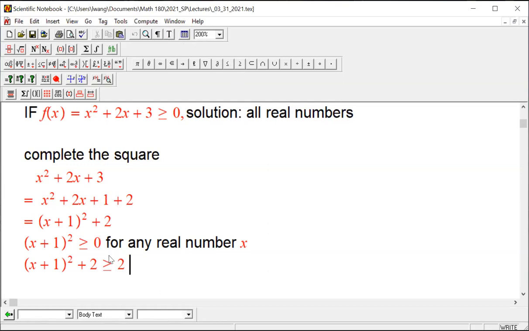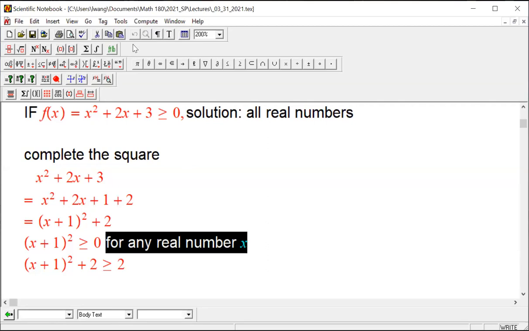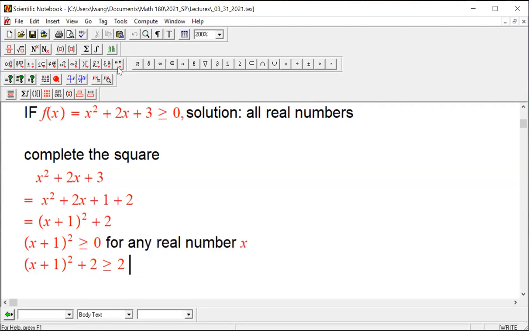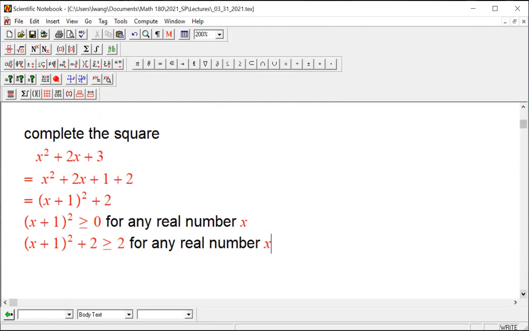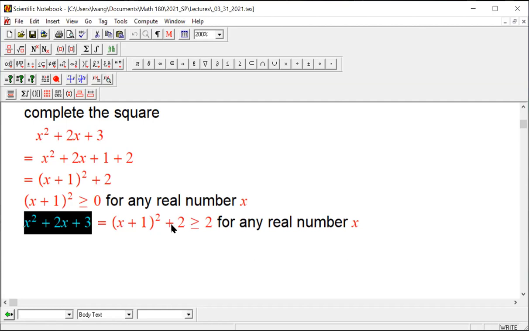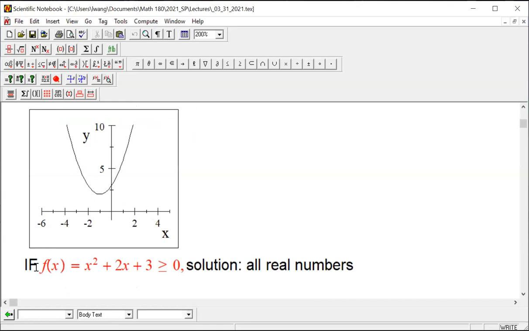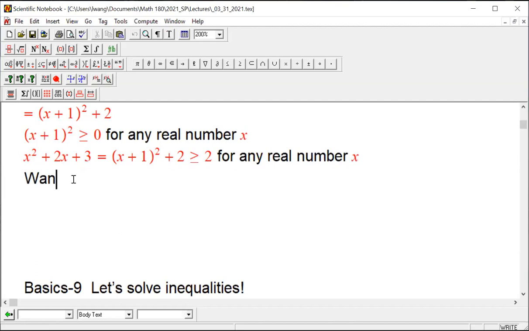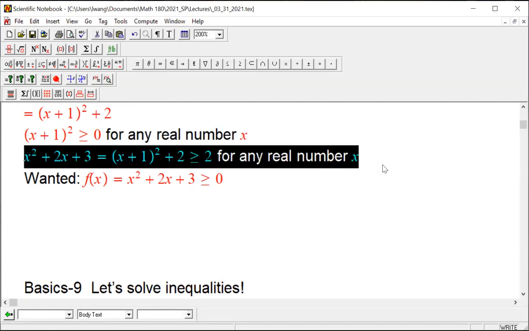As a result, for any real number x, this guy is the same as that, so it is always greater than or equal to 2. And we want it to be greater than or equal to 0. In other words, this is wanted. Right? This is wanted, and this is always true.